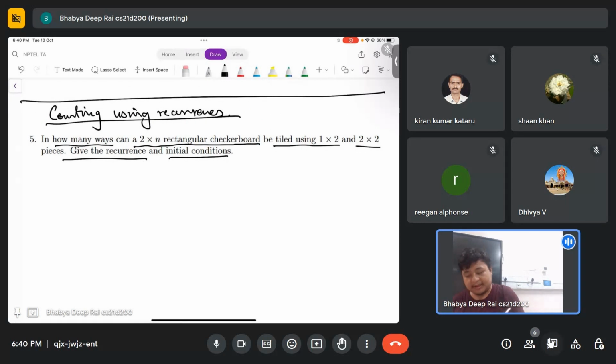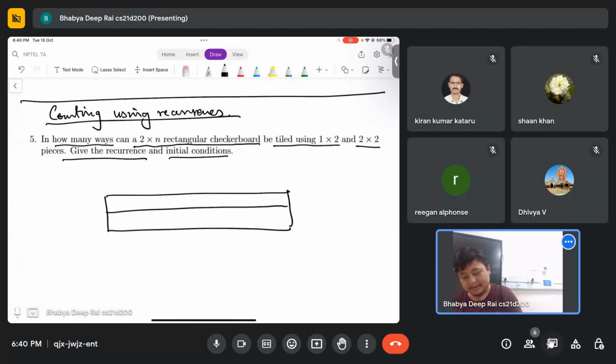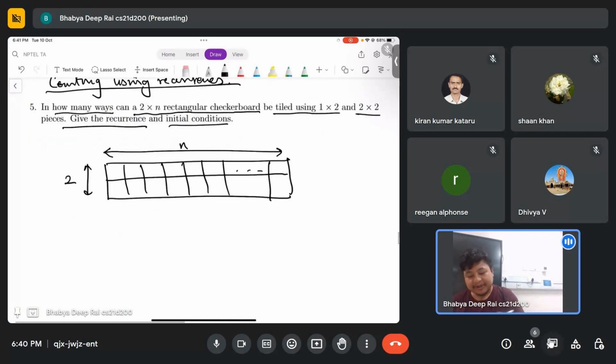So I'll draw it out for you. What it means is the following. You have a 2 cross n checkerboard: 2, 3, 4, 5, 6, and so on. 2 cross n means that there are n columns and 2 rows. And you need to tile it.